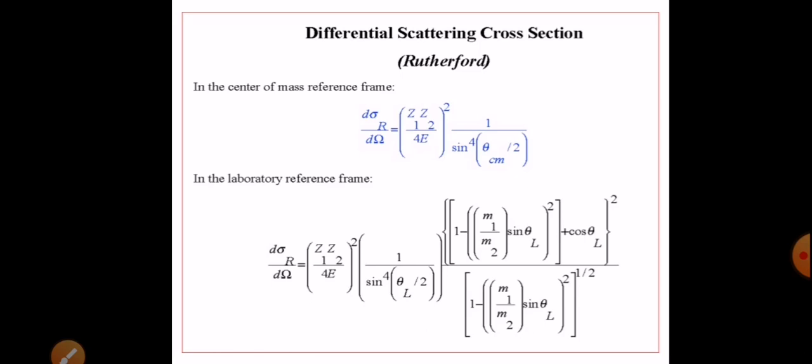Here it is not the total cross section but the differential scattering cross section. You get the total scattering cross section by integrating the differential scattering cross section. So dσ/dΩ is equal to (Z1 Z2 / 4E) whole squared into 1 by sin to the power 4 of θ_cm divided by 2.